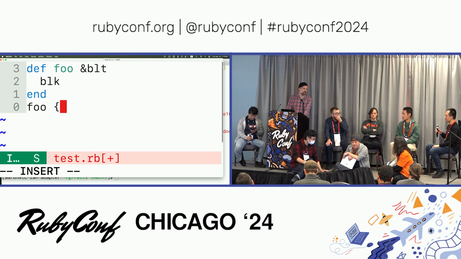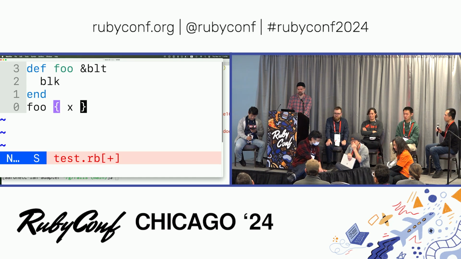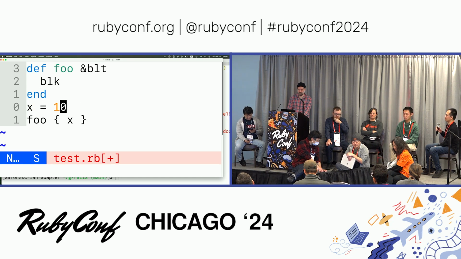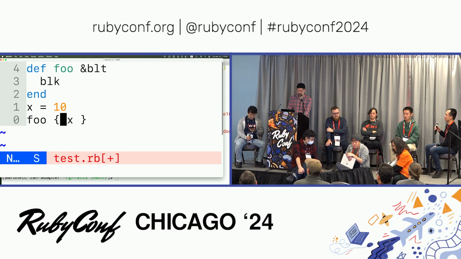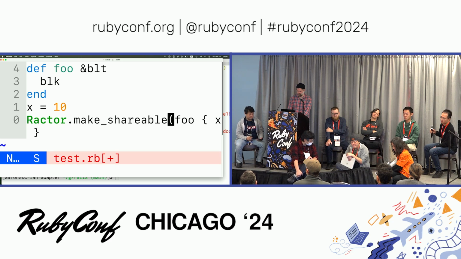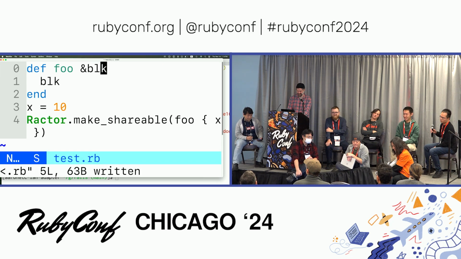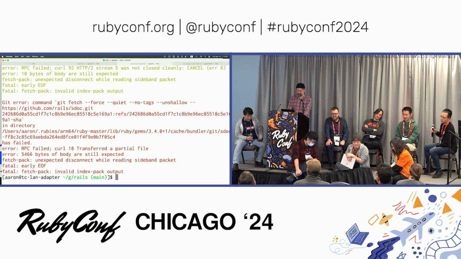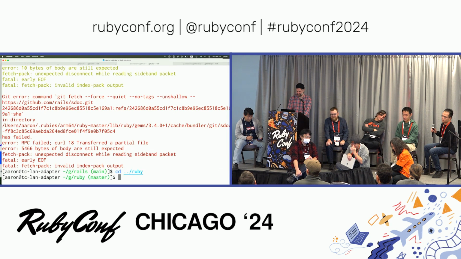Can you give me an example of what that is? Like a local variable write? Read. Even a read? Yeah, I think. Like this? Yeah. So do it and then pass the lambda to make shareable. I think you would get an exception. Like this? Yeah, I'll fix it. I see. Ooh, that didn't work.